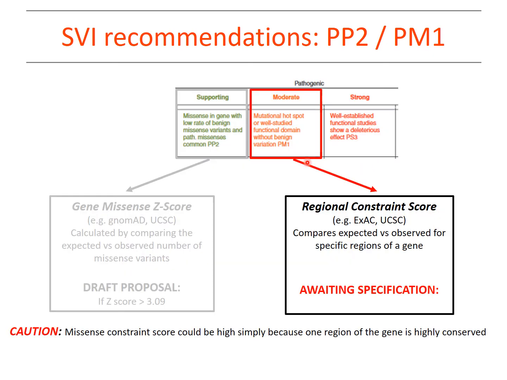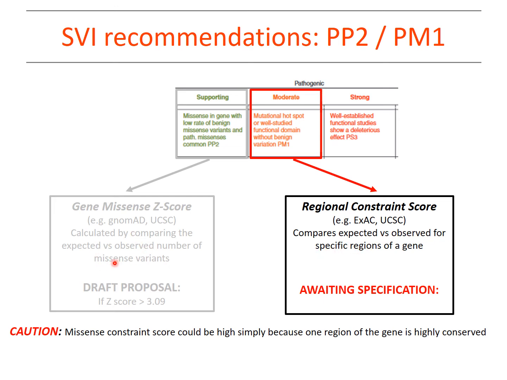What about the hotspot criterion? The wording is a mutational hotspot without benign variation. Here we don't have an exact number, but I can give you the recommendation the SVI makes. It says you should compare the expected versus the observed number for a specific region of a gene.